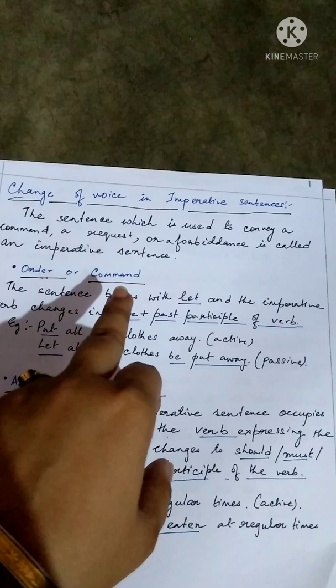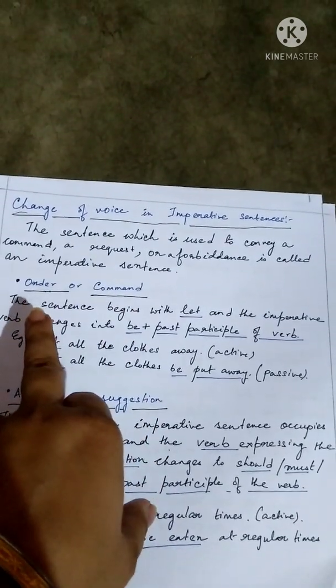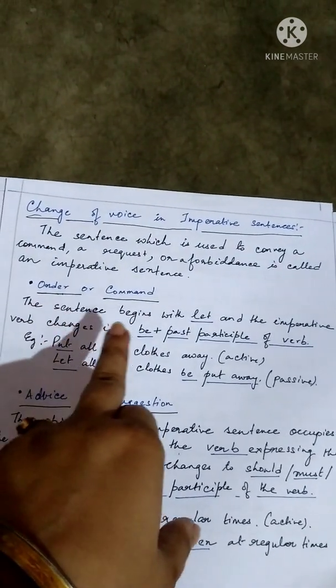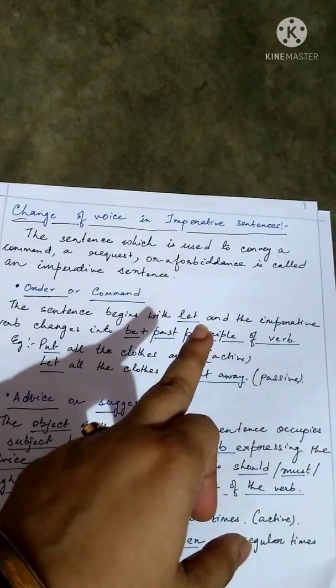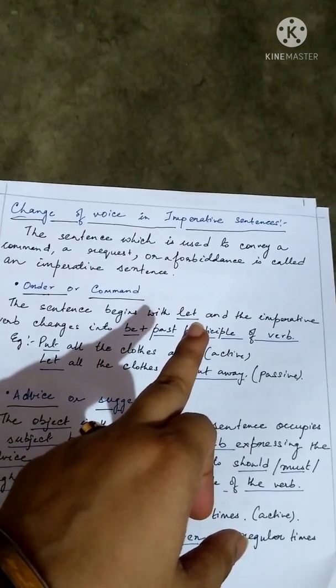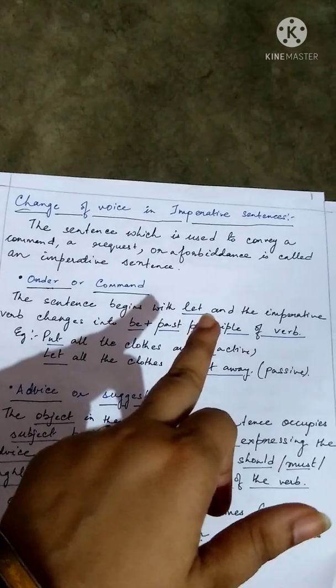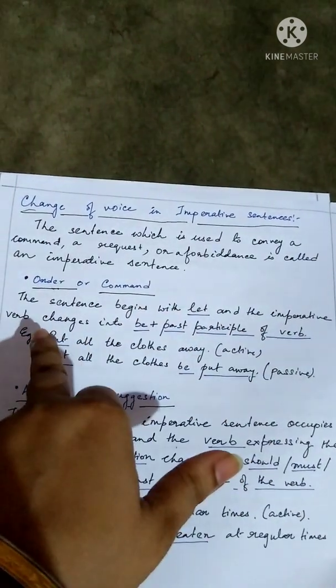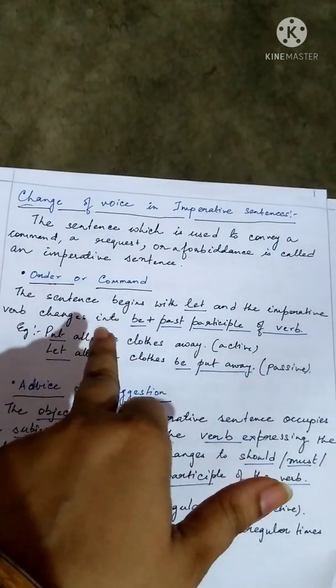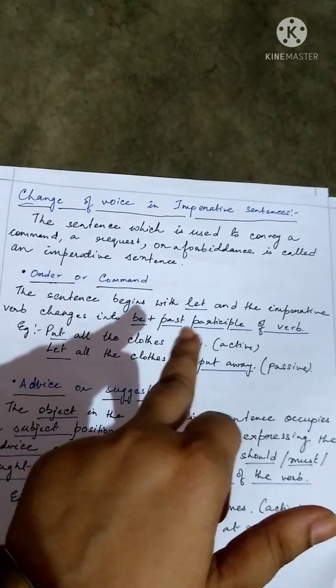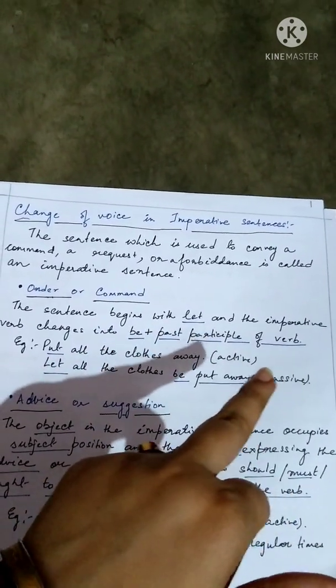If you have an order or command in your sentence in active, the sentence in passive begins with "let", and the imperative verb changes into "be" plus past participle of the verb.